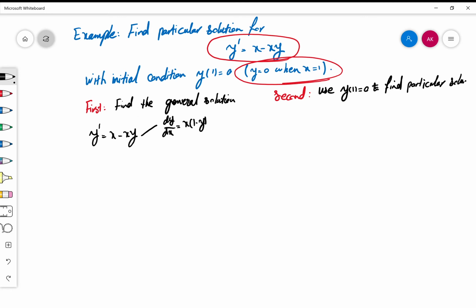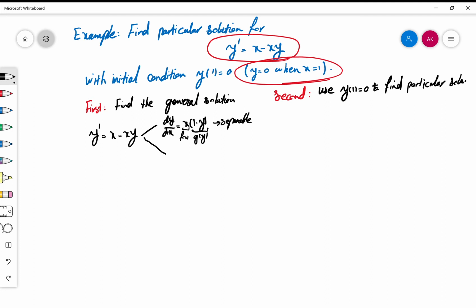This is a differential equation whose right-hand side you can write as f(x) times g(y). So it is a separable differential equation. I already did the same example in another video, considering it as a separable differential equation.